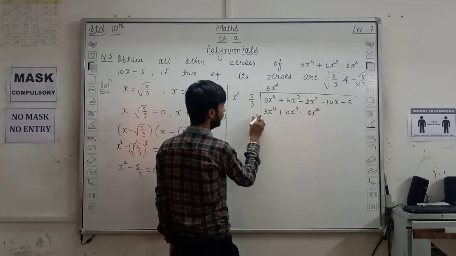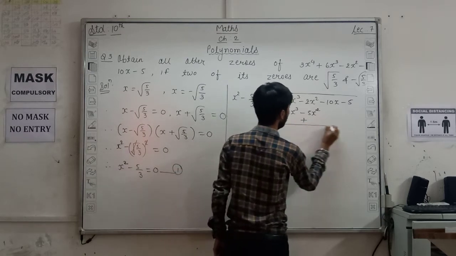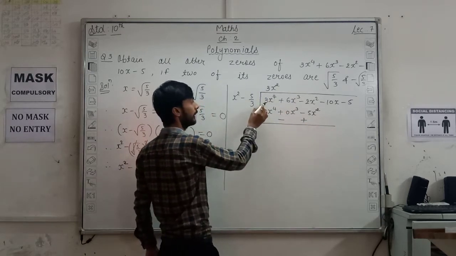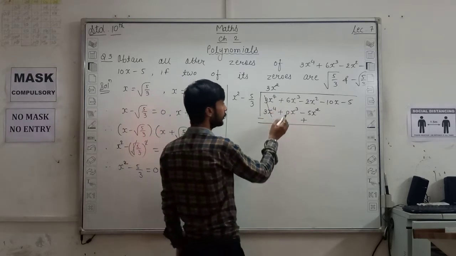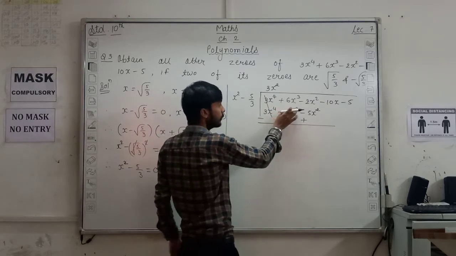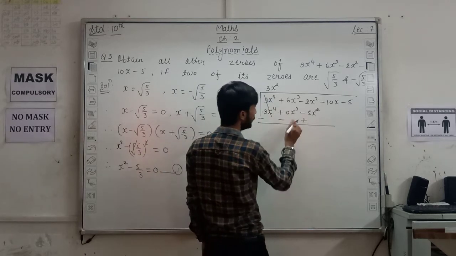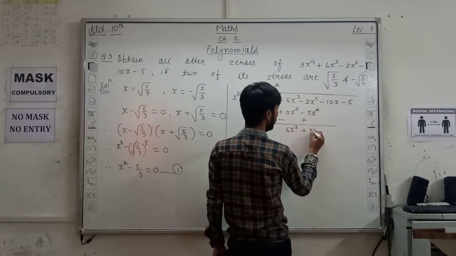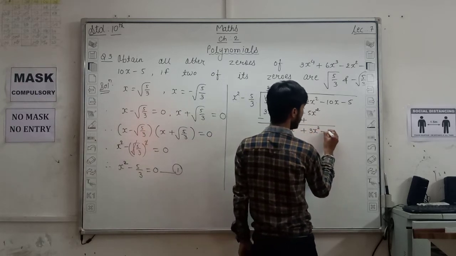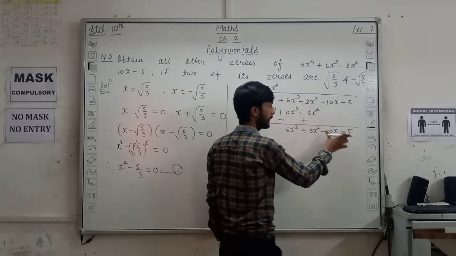Now change the sign, minus minus plus. Okay, now 3x⁴ minus 3x⁴ cut, 6x³ minus 0x³, so only 6x³ is there. Minus 2x² plus 5x², that is plus 3x², minus 10x, minus 5 as it is.